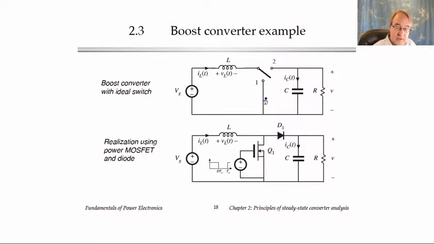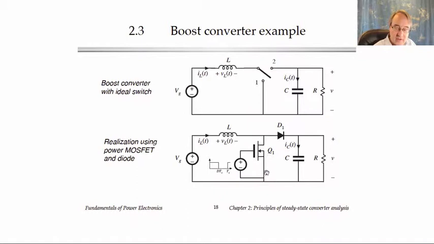Incidentally, here is how we, in practice, normally realize the switch using power transistors and diodes. There's a gate drive circuit that's just shown here as a voltage source. When we want the switch to be in position 1, this gate driver will produce a high voltage on the gate of the MOSFET that will turn it on.